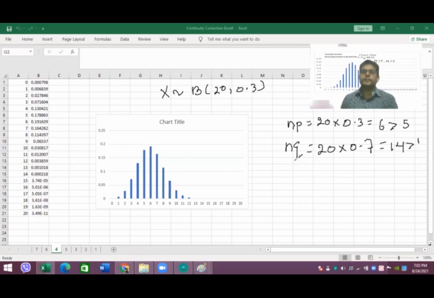So here both np and nq are bigger than 5, and the mean is n times p, and that mean value is 6 over here.